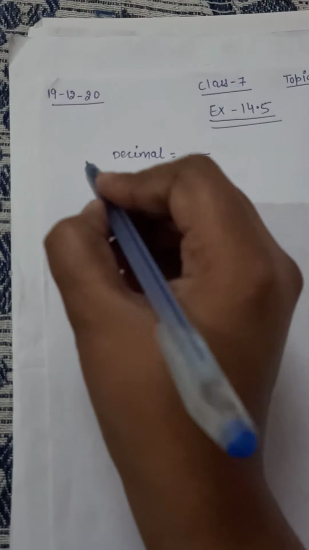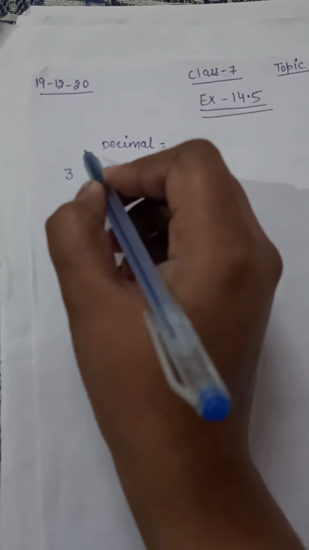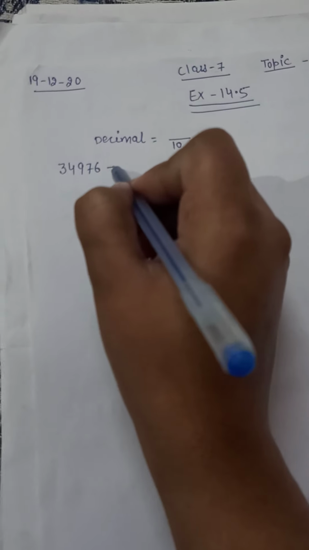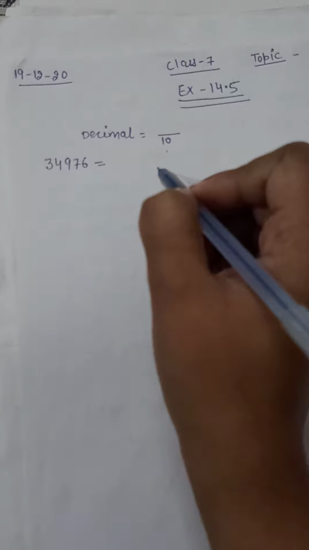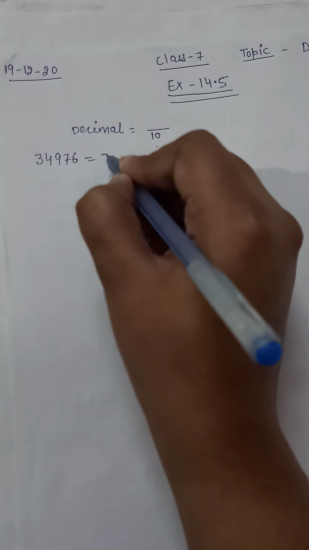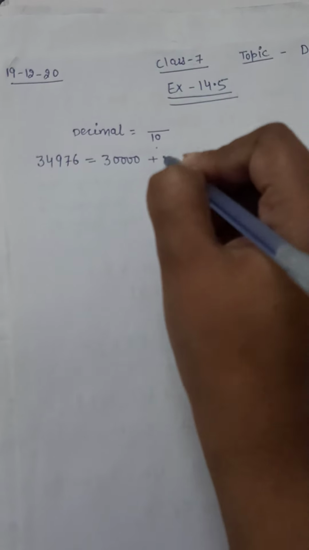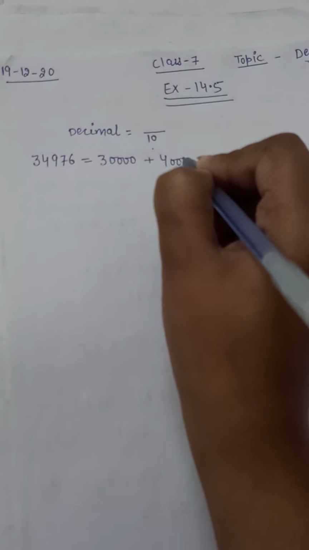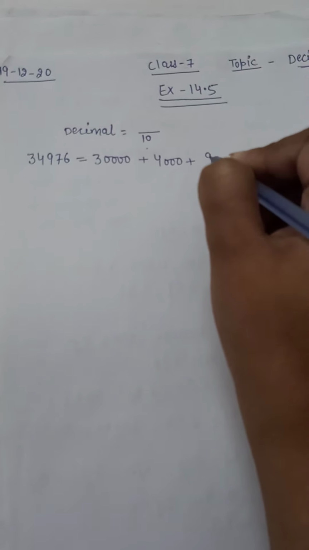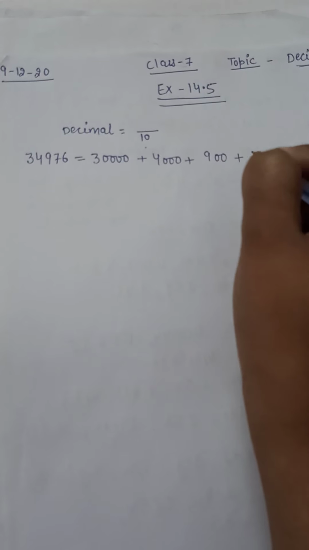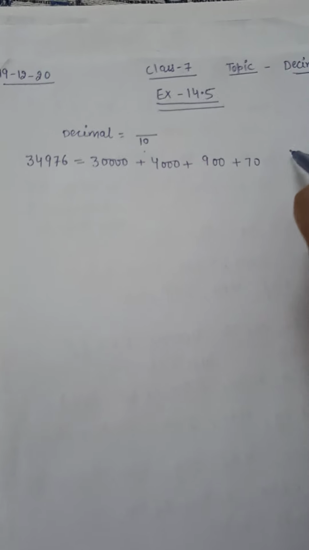Like, see, one number is there, 34,976. So in the expanded form, remember my word, in the expanded form, how will you write it? 4 zeros plus 4 with 3 zeros plus 9 with 2 zeros plus 7 with 1 zero and 6 as it is.